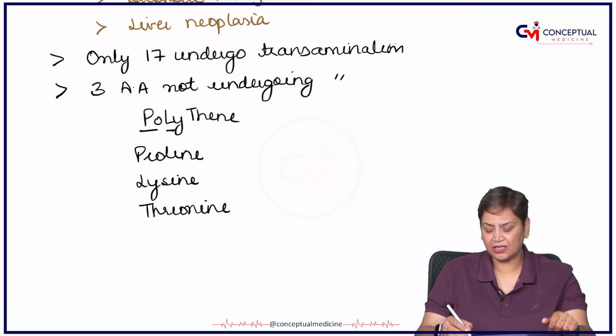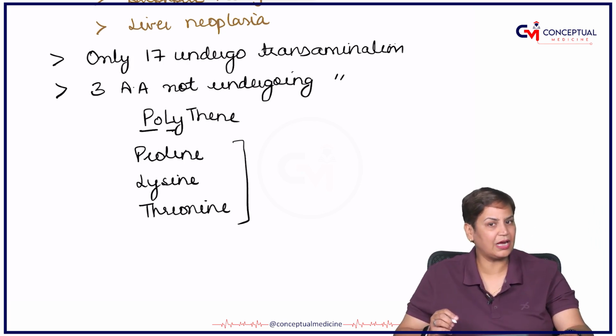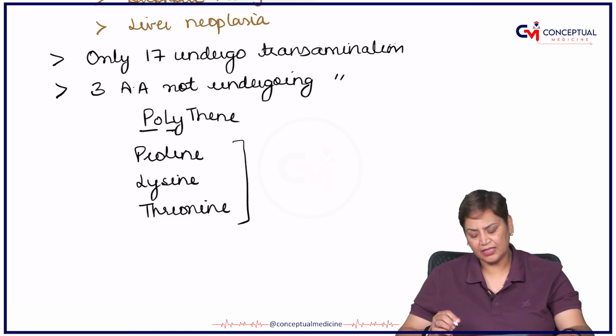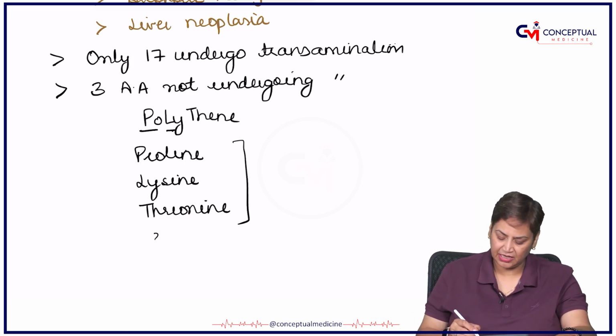So these are the 3 amino acids which cannot undergo transamination. In some books serine is also mentioned.